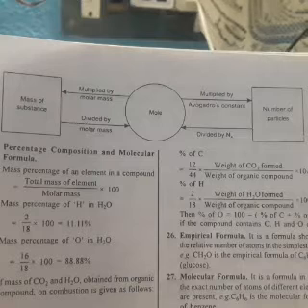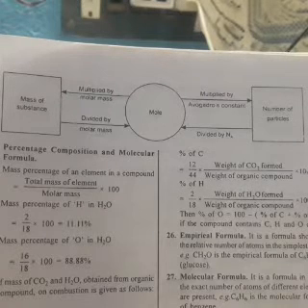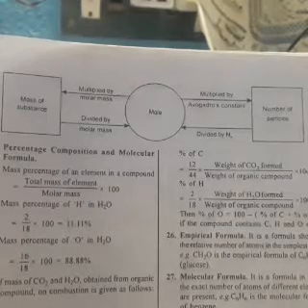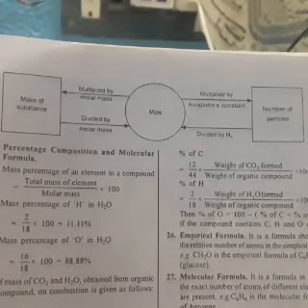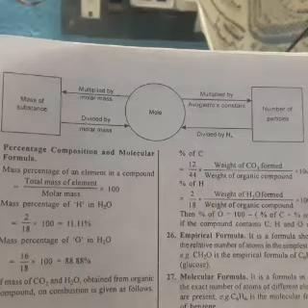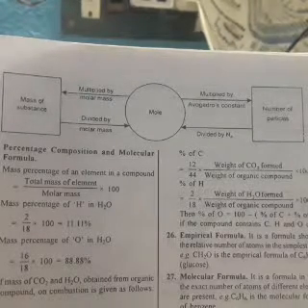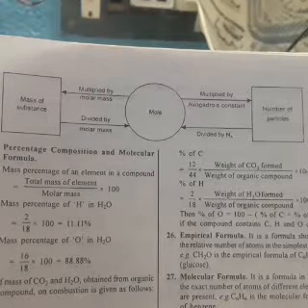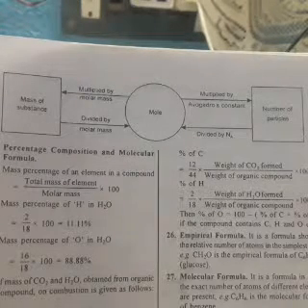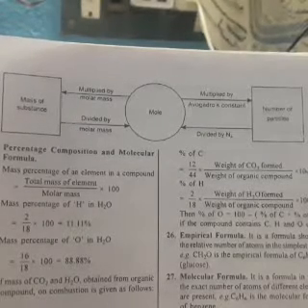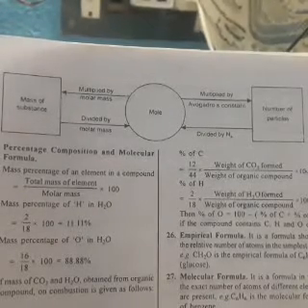Now in water, what will be the amount of hydrogen and what will be the amount of oxygen? All of you know the molecular mass of water is 2 plus 16, 18. The amount of hydrogen present is 2, and the amount of oxygen present is 16.